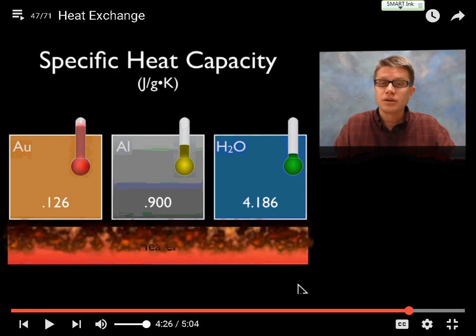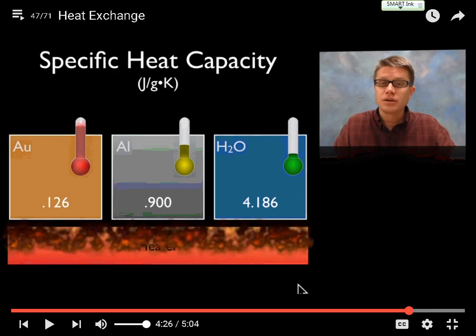How about it absorbs less energy to increase 1 gram by 1 degree Kelvin in this case, but 1 degree Celsius is most of what we say. So it's only going to require about a tenth of a joule to increase 1 gram of that substance by 1 degree Celsius.